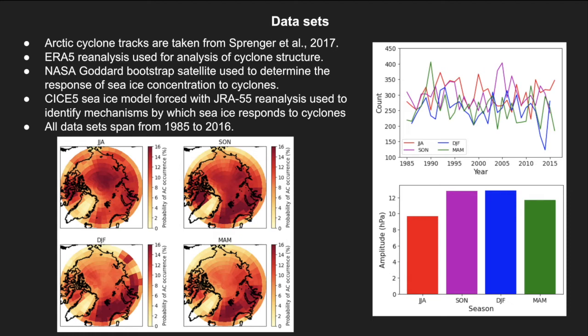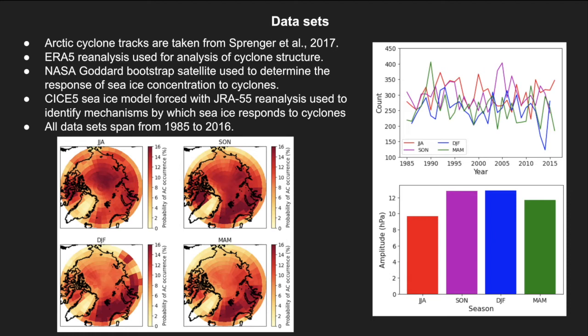And you can see this threshold is higher for autumn and winter than it is for summer because there's stronger cyclones in autumn and winter. And so the cyclones remaining after we apply this amplitude threshold, we can show the count of those in each season and each year, and that's in the top right figure here on this slide. And you can see that we still get a very large sample size to work with for each season.